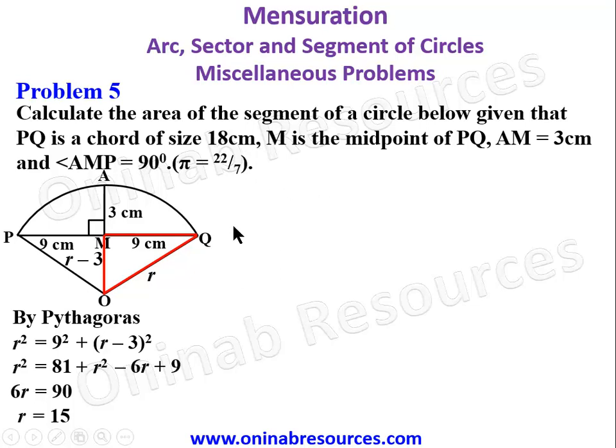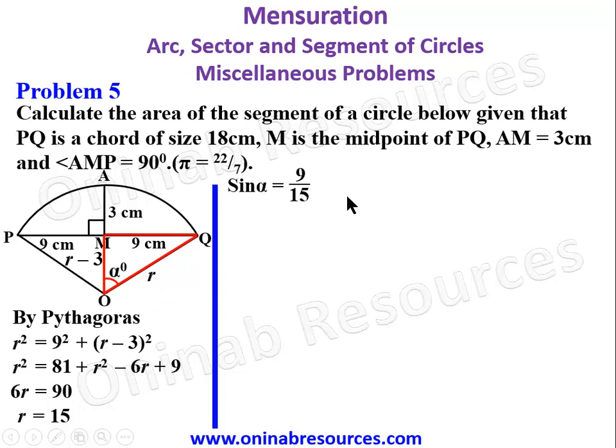From here now, we need to calculate the angle of the sector. If we take the angle of this triangle to be alpha degrees, we use trigonometric ratios with opposite and hypotenuse. The ratio connecting opposite and hypotenuse is sine, so sine alpha is equal to opposite 9 over hypotenuse, that's the radius, which is 15.